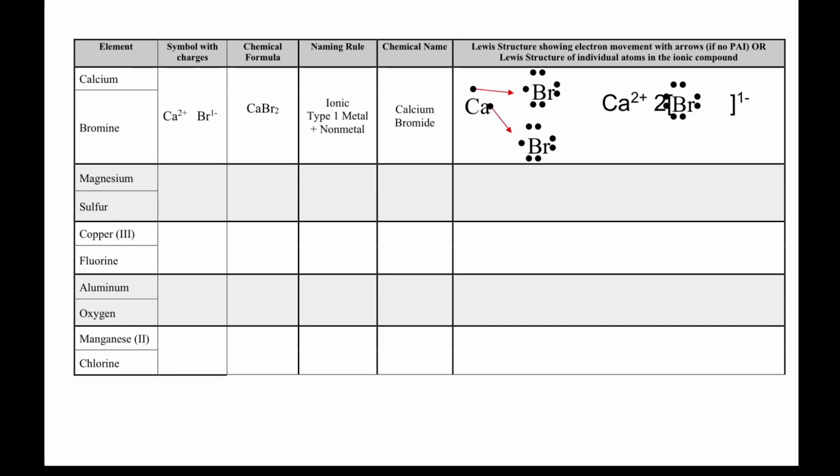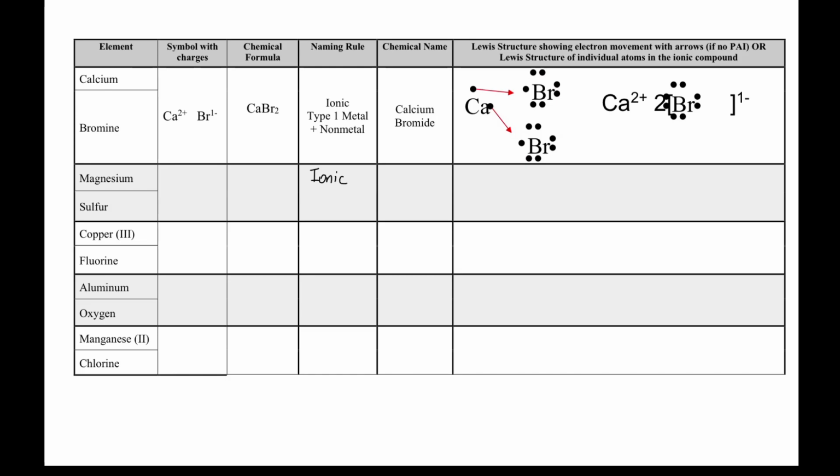All right, so this is that first page that you can fill out in this packet. If I have magnesium and sulfur, I know magnesium is in that second column, so it is a type 1 metal. Everything here is going to be ionic, so we can start off by writing ionic.